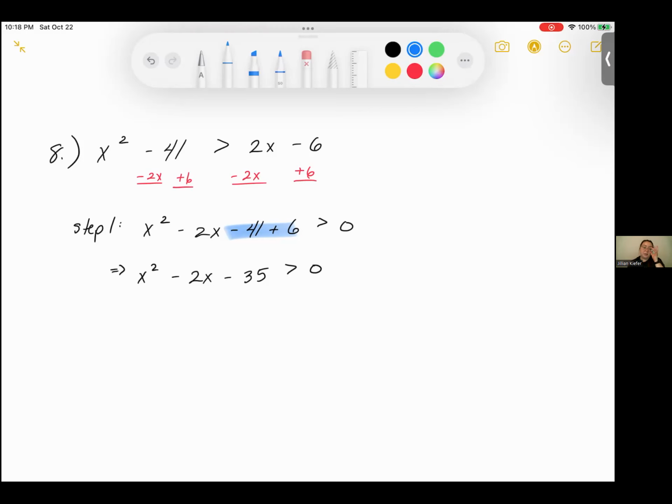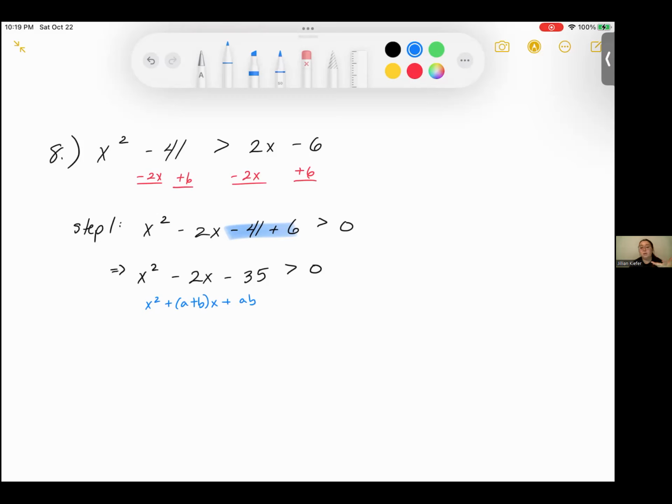As a reminder, one way to factor, which we saw in one of the previous examples, is x squared plus (a plus b) times x plus a times b. You want two numbers that multiply to negative 35 and also add to negative 2.